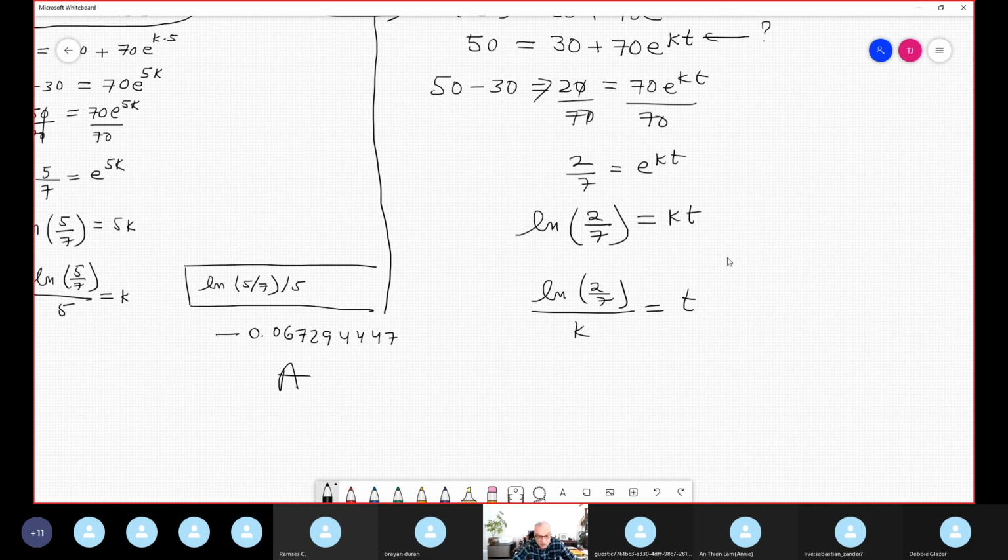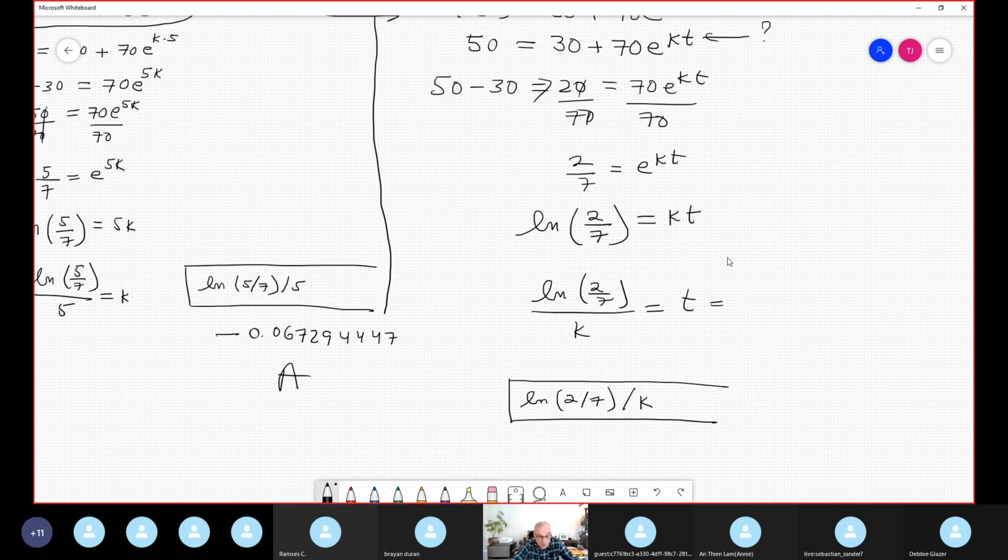But k is negative. The natural logarithm of a number less than 1, when you put in a calculator, ln 2 over 7, is negative. Divided by k, which is also negative, a negative divided by a negative is positive. And this is the answer I'm waiting for.